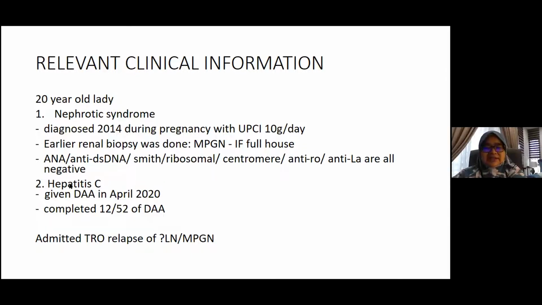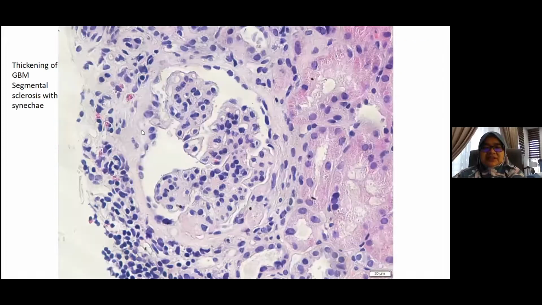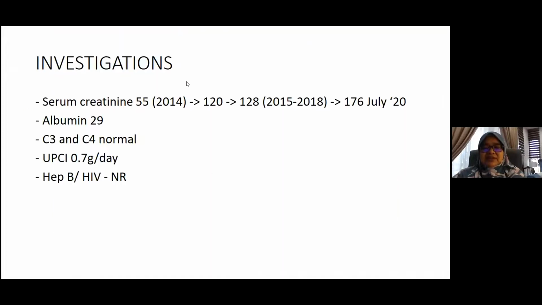She also had hepatitis C and was given DAA. She was admitted to rule out a relapse of MPGN, or is it lupus nephritis? The serum creatinine has also been slowly creeping up with normal C3, C4.